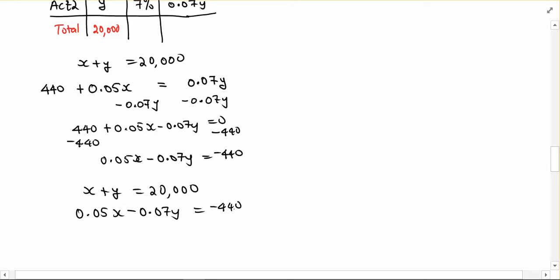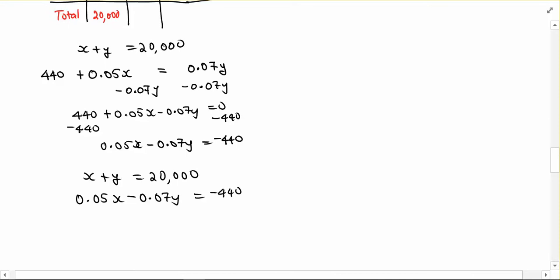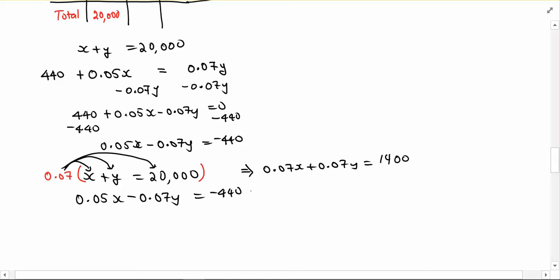So if I'm going to use the addition method to solve this, I need to make one of those letters go away. So I'm going to target the y, and I'm going to multiply this first one here by positive 0.07. So that gives me positive 0.07x plus positive 0.07y equals, so distribution here, 0.07 times 20,000, which is 1,400, and the second equation I don't have to make any changes to.